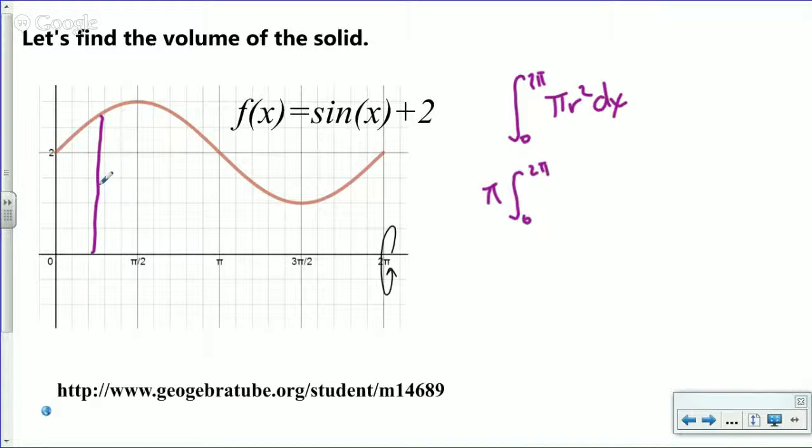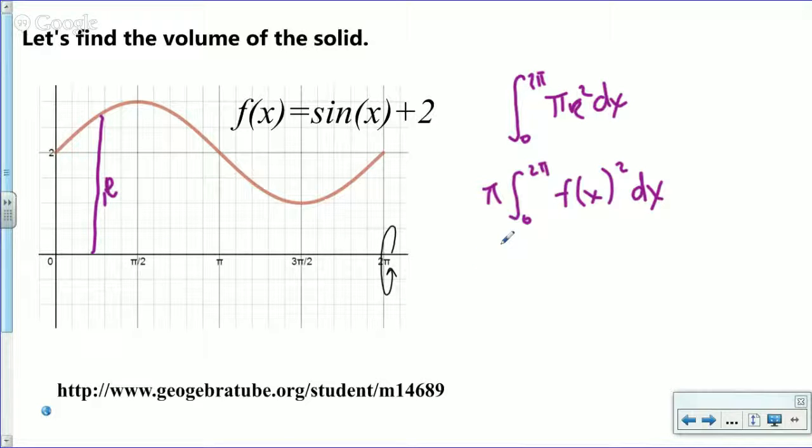Okay, and then label it, let's stick with big R. My radius here, if I do top minus bottom, is going to be f of x minus 0, my x-axis here. So really just f of x. So my radius is f of x, and since that was given to me in the problem, I can just leave it like this. And then I want to square f of x, since that's my radius, dx. And that's it.